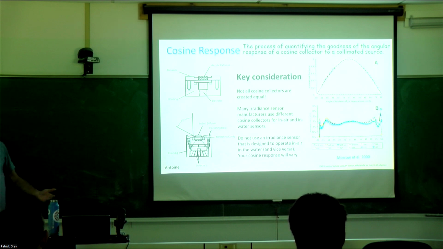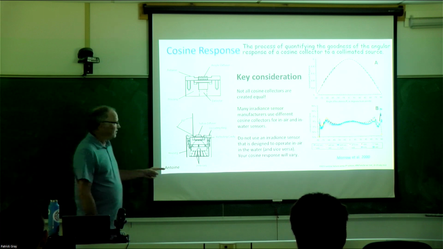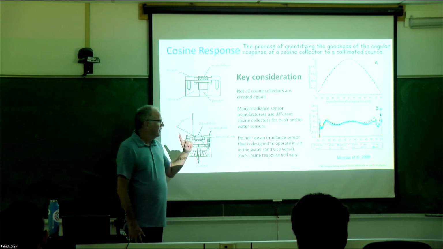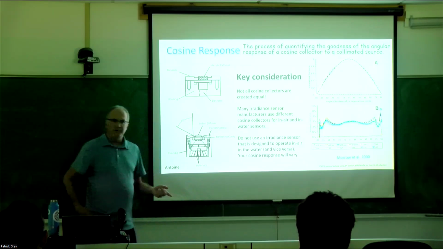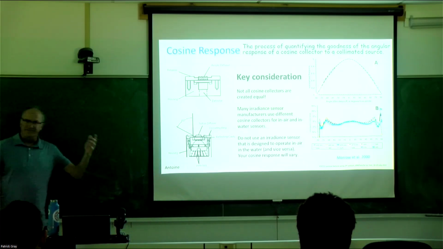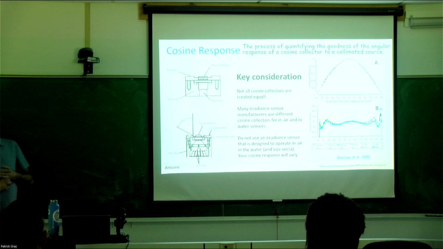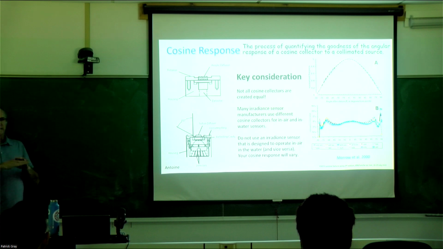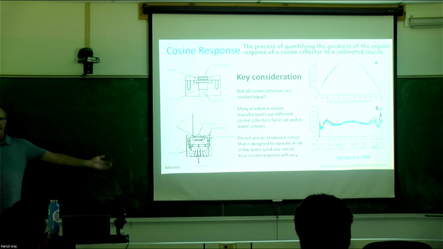So this is the word of caution here. When you buy a radiance sensor, like from Seabird Scientific, you must specify whether you want to use it in air or in water, because the cosine collector will change. Think of it as having to choose your index of refraction to order the instrument.